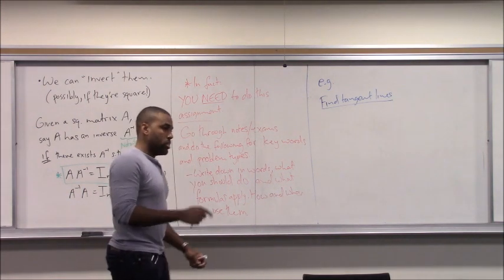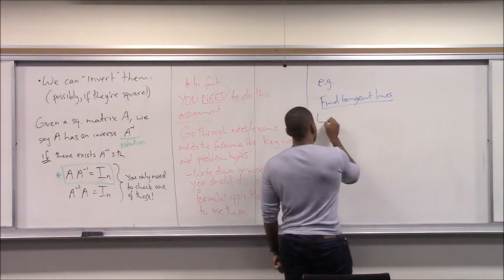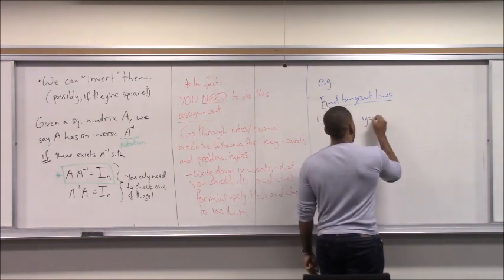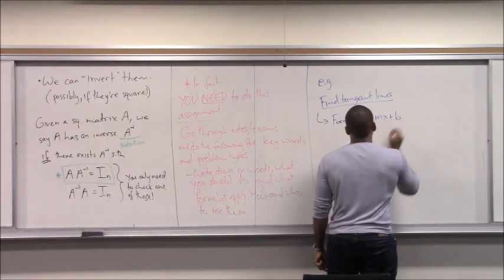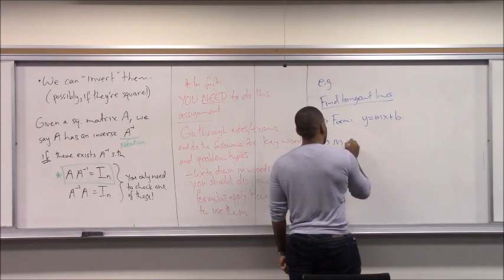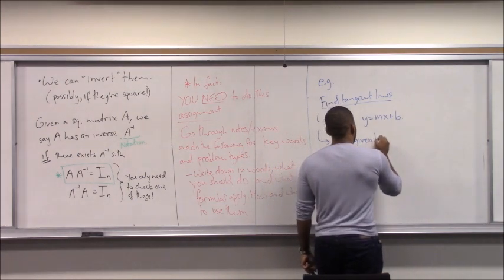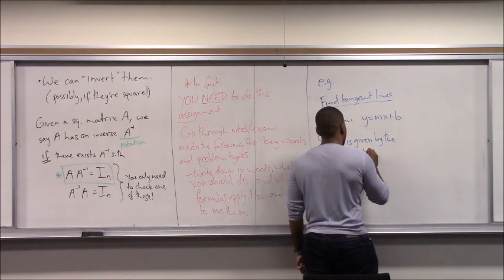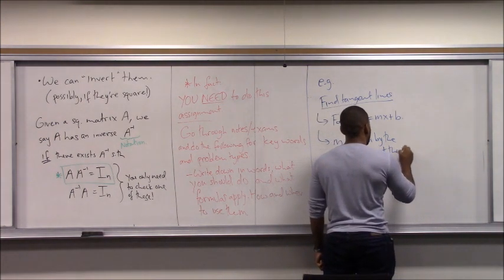So when you see find the tangent line, you need to know, here's the form of the tangent line. It looks like y equals mx plus b. m is given by the derivative at the point.